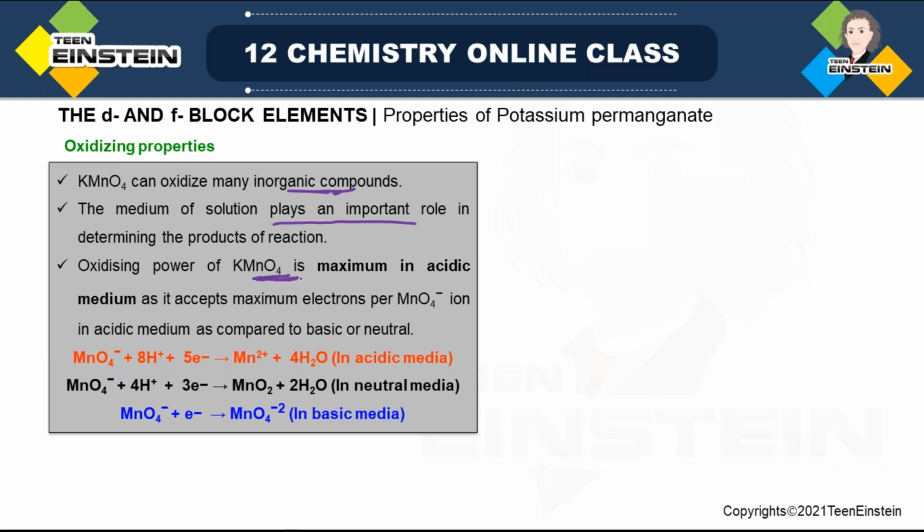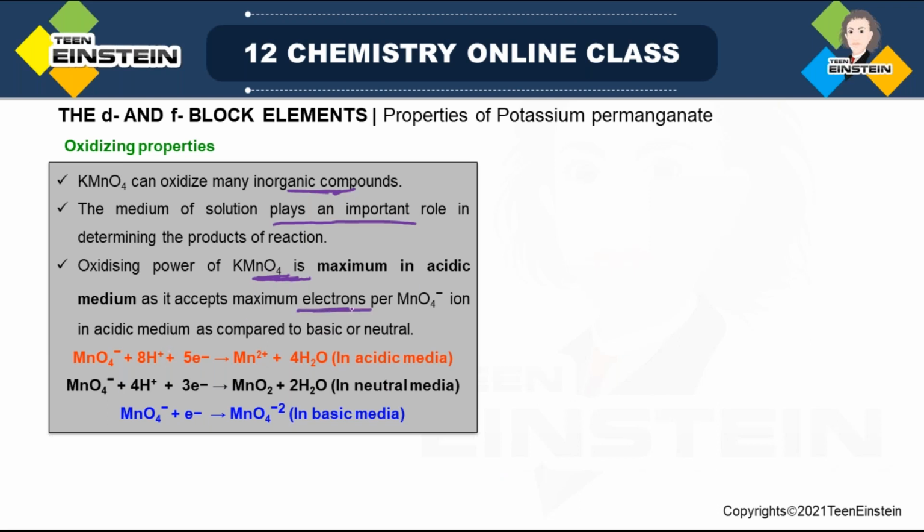Oxidizing power of KMnO4 is maximum if you are using acidic medium. Remember, this is a very important question. It can be asked in which medium KMnO4 will show maximum oxidizing capacity, and the answer is acidic medium, because in acidic medium only it accepts the maximum number of electrons.